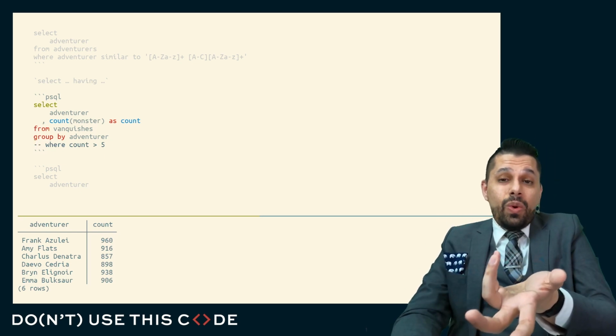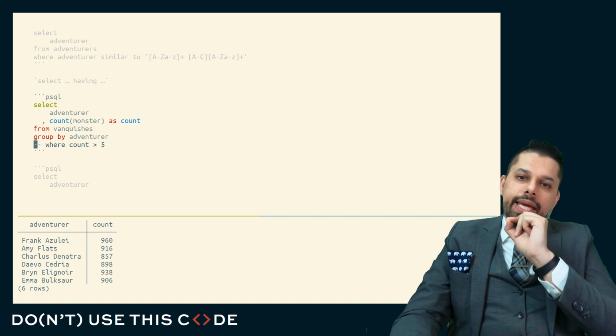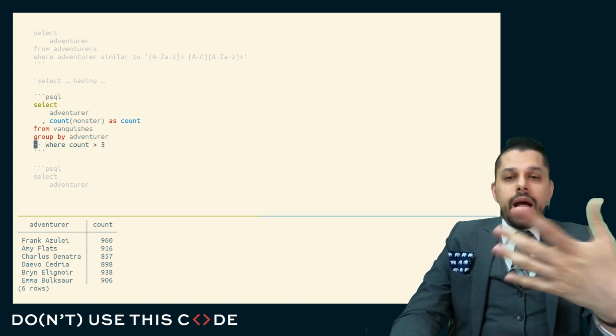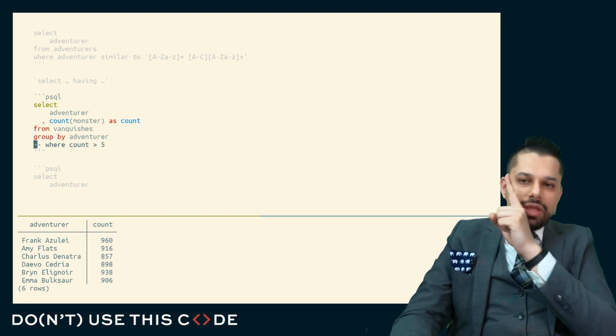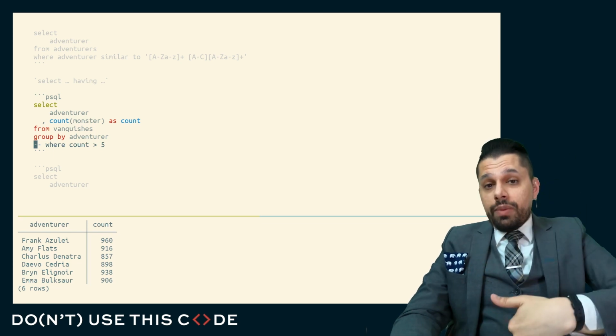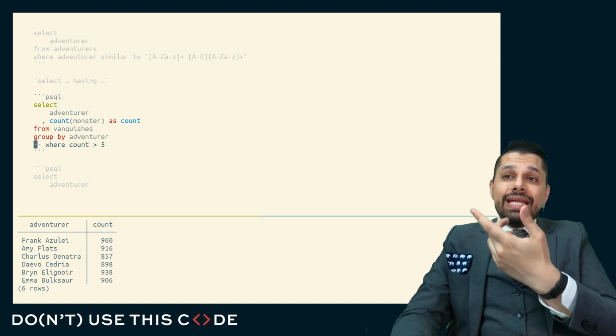I did that before with the WHERE clause. If the computation I want to filter on is a row-level computation that only needs the data from one row, I use WHERE. If it is a grouped computation that needs more than one row of data, it needs to first group things together, perform a computation like an aggregate, and then filter at the end. I need a HAVING.